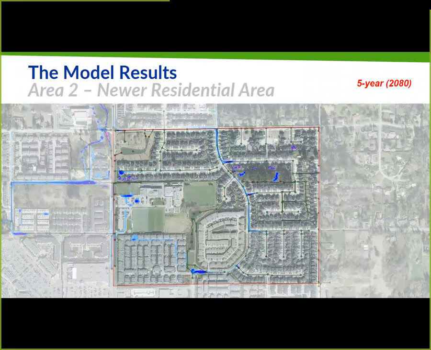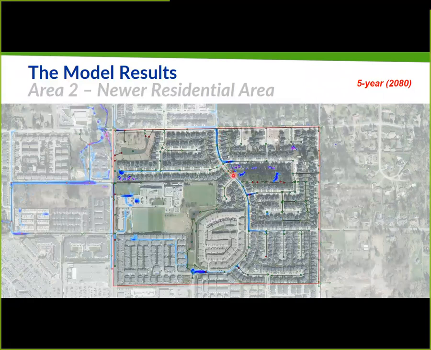Now, moving forward to the 5-year 2080 event. So this is today's level of service criteria with a future design storm. You can see that there's quite a bit more flooding. For example, there's flooding that goes down this roadway and flows north in this case, and there's probably quite a bit of water on that street.